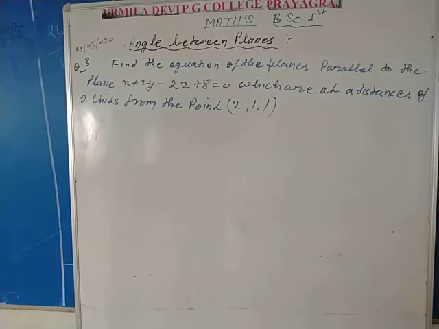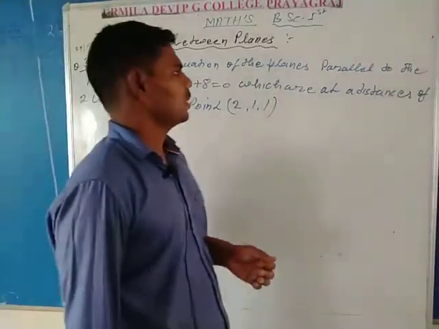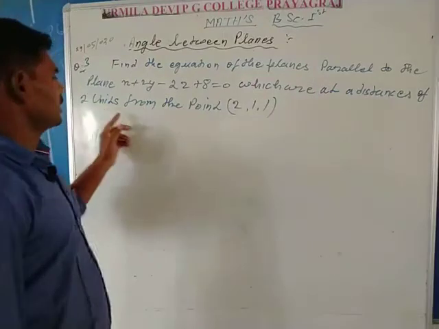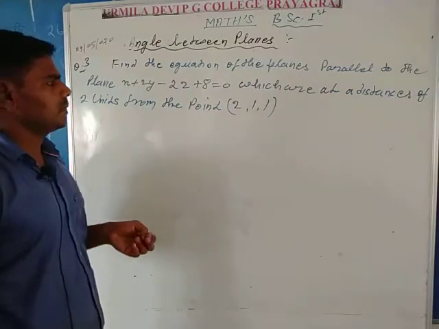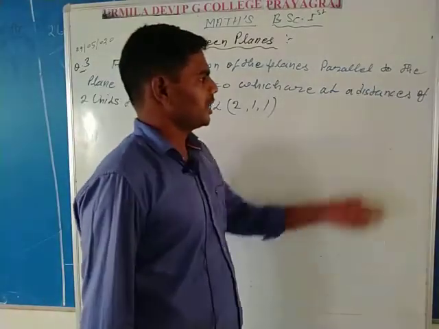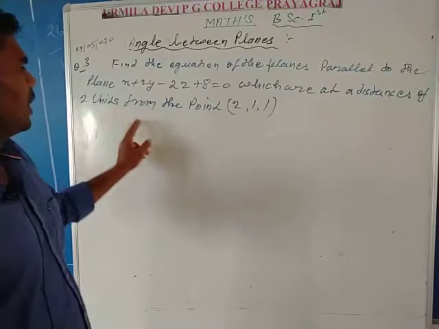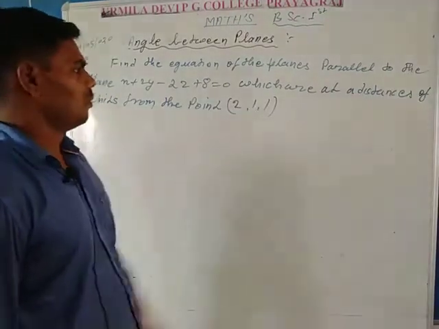In this question, question third, find the equation of the plane parallel to the plane x plus 2y minus 2z plus 8 is equal to 0, which are at a distance of 2 units from the point 2 1 1.